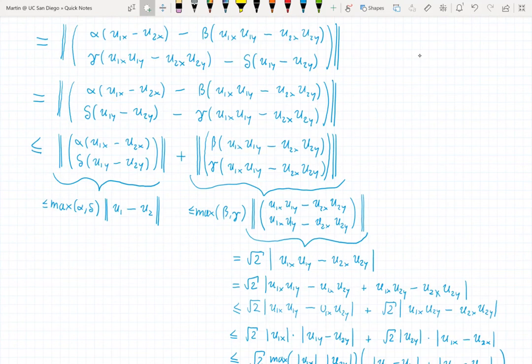So we've got the sum of two Euclidean norms, and we estimate each of those separately.